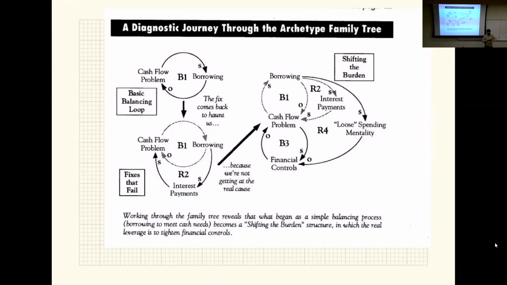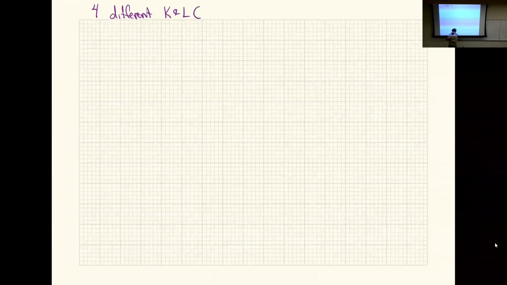Okay. All right, so I do want to cover at least one other thing here. I like the Kim and Lannon. We won't go through the four different ways, but you should know the four different Kim and Lannon ways to use archetypes.